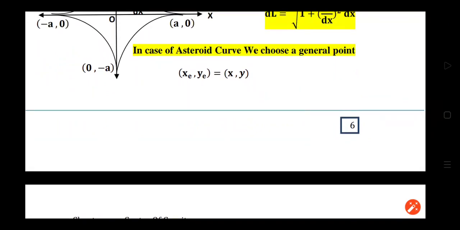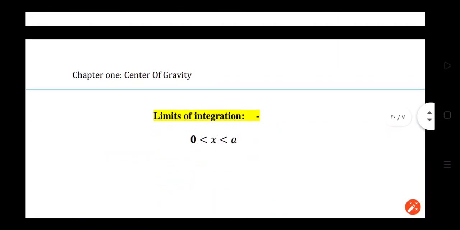The position of the element we take is a general point on the asteroid curve, equal to x and y, any general point. And for the limits of integration, the curve cuts the x-axis and y-axis at distance a, so x is between 0 and a when we use dx.